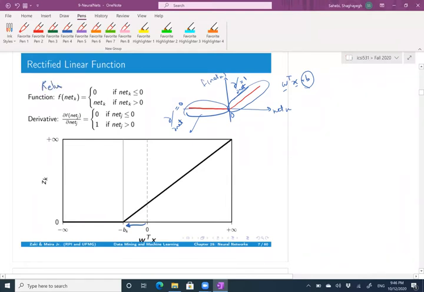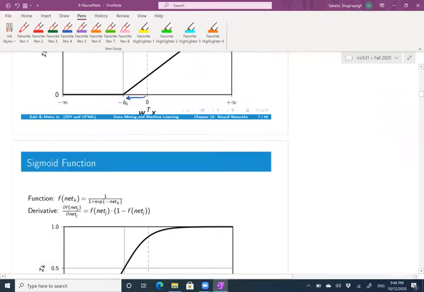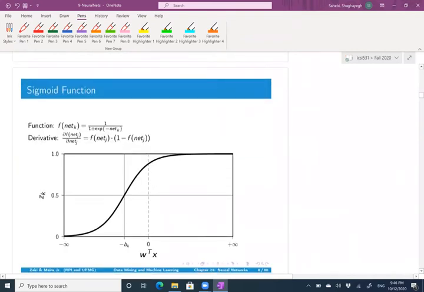Okay, so rectified linear, or ReLU, is one of the popular activation functions. The next activation function that is also familiar to us is the sigmoid function. We have seen the sigmoid function in logistic regression already, right? It is equal to 1 over 1 plus e to the negative net.